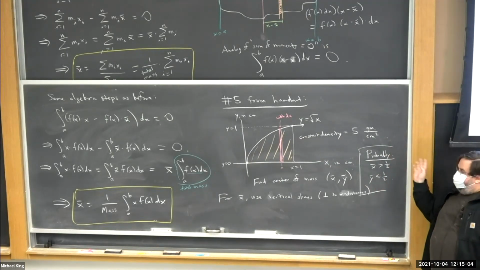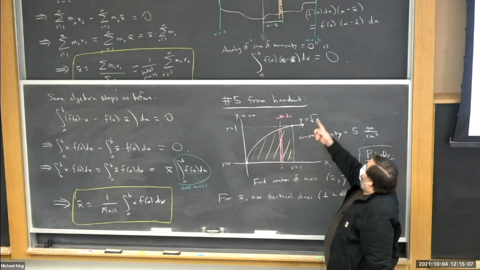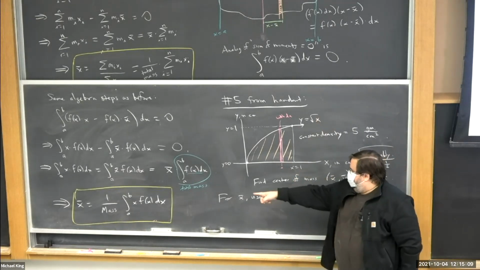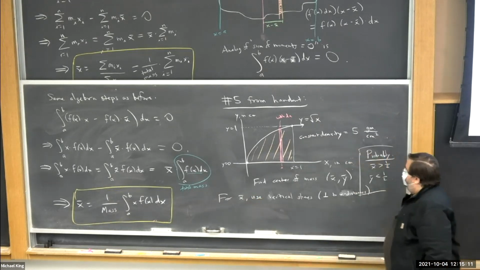The density is constant, but we're going to have this x minus x bar if we started with that formula, or x if we do this formula.